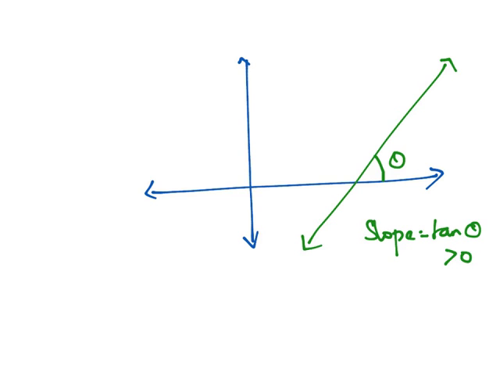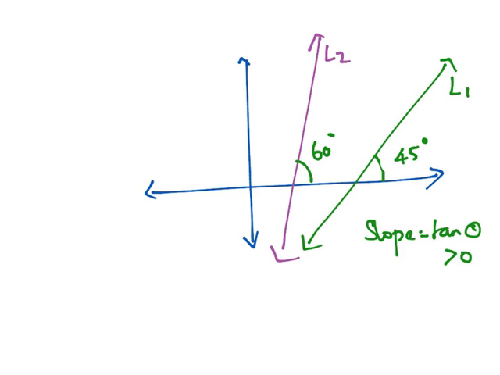Now let me draw another line here. Let's say this is line 1 and this is line 2. Let me take this as 45 degrees, and let me take this as 60 degrees, even though it looks more than that. Now which line will have a bigger slope, students?